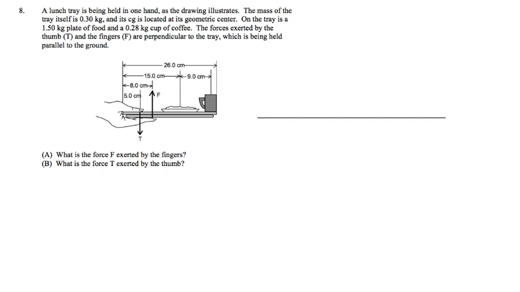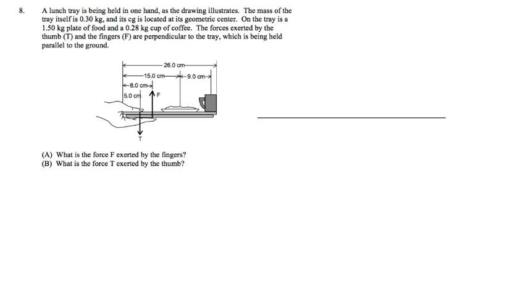And they're asking for the force from the fingers and the force from the thumb. Well, what you can do is you can convert all of these numbers here into newtons, or you can just wait until the end. I can get the force from the fingers and the force from the thumb in terms of mass, which really isn't a force. But then at the end, if I just multiply by 9.8, it will become a force.